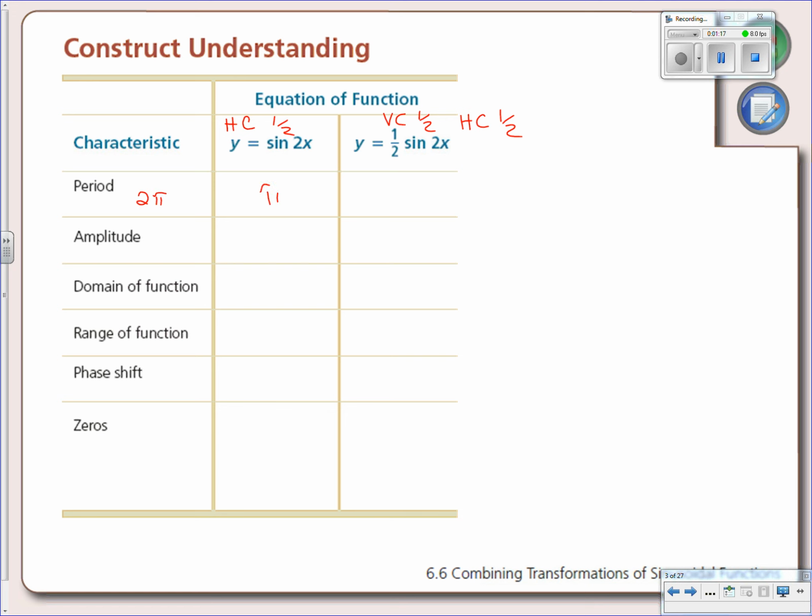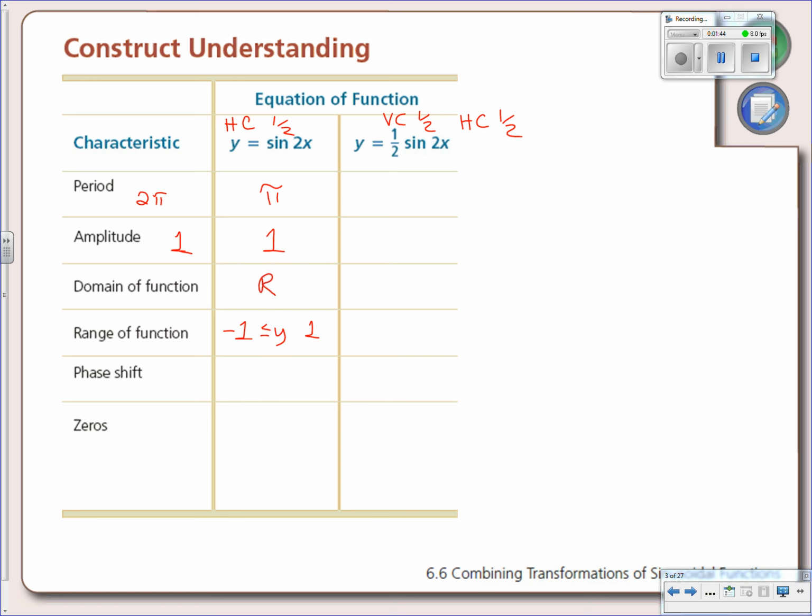The amplitude does not change. The amplitude is typically 1 for a sine graph, and if we're changing the horizontal compression, the amplitude stays the same. The domain is still going to be all reals. The range is still going to be every y value between 1 and -1. So y is bigger than or equal to -1 and less than or equal to 1.